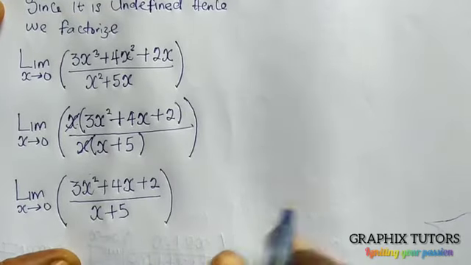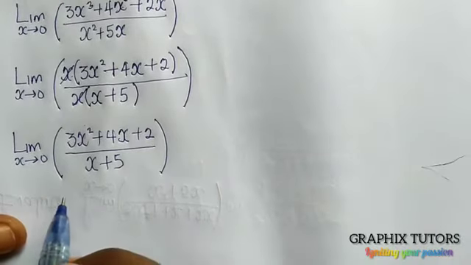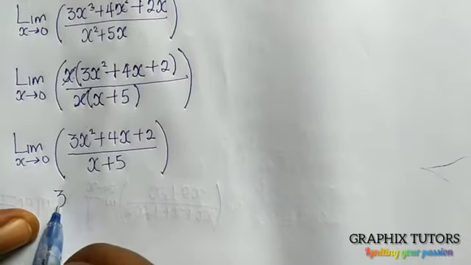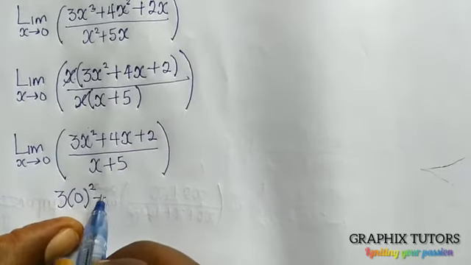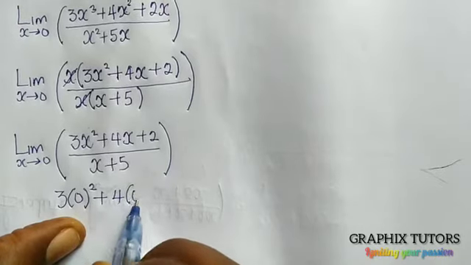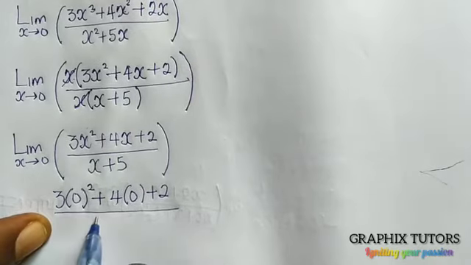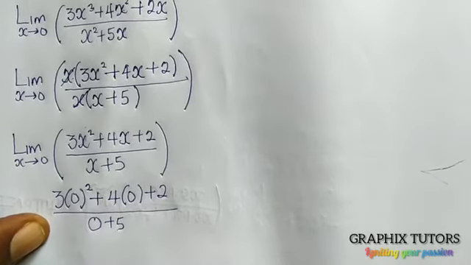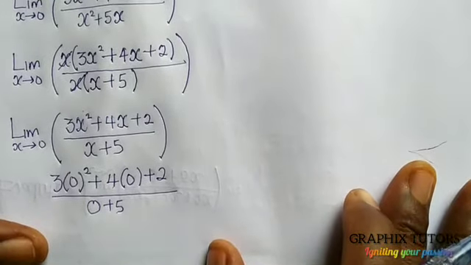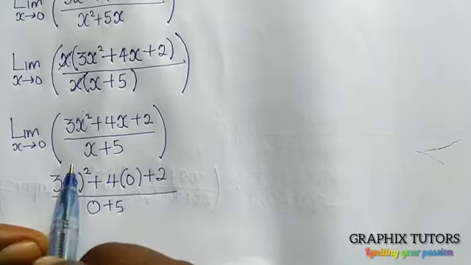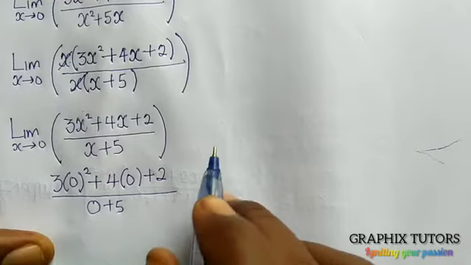So if I input my 0 anywhere I see x, what am I going to be having? I'm going to have 3 times 0 squared, plus 4 times 0, plus 2, all over 0 plus 5, right? So from here, like I said earlier, 0 multiplied by any finite number, or 0 raised to any finite power, will give us 0.